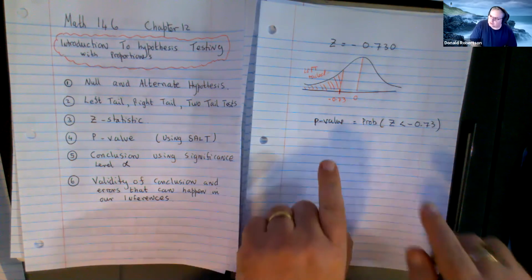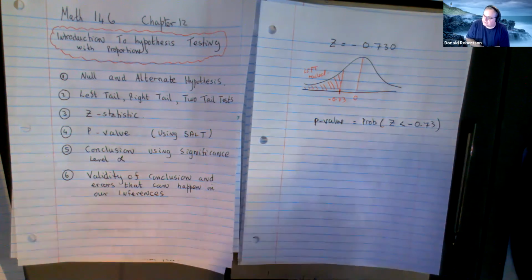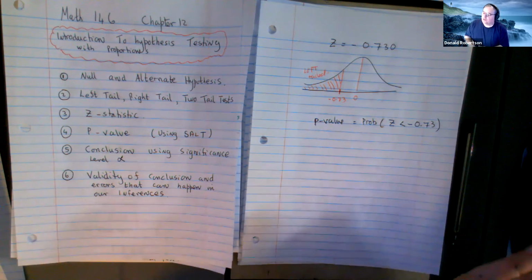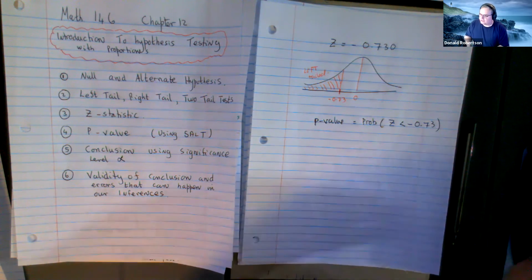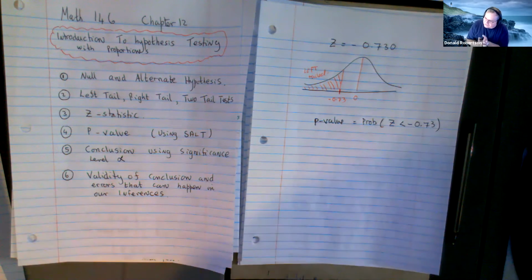If this p-value is really tiny, then we can assume that it wasn't randomness. The reason it was a smaller value is because the population really has changed and is now smaller. So evidence here is a tiny p-value.